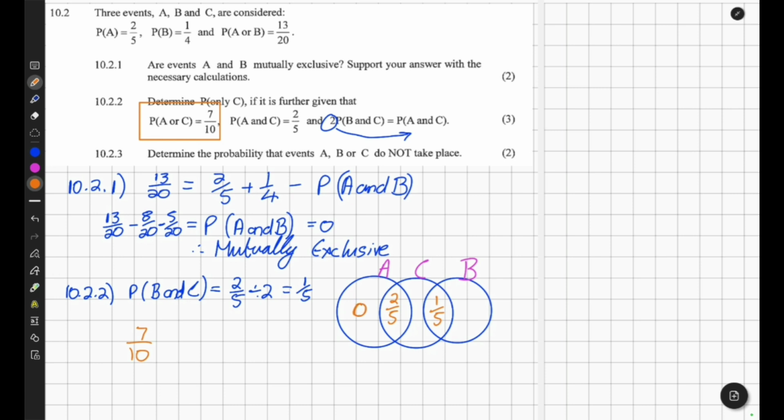So now I can say if the A and the C circle is 7 over 10, I can then minus a 0, I can minus a 2 over 5, and I can minus a 1 over 5. And then what would be left is this x value there. And if I do all of that, I can see it is 7 over 10 minus 4 over 10 minus 2 over 10. And that is then just 1 over 10. And that is the answer they're looking for. So my x value is 1 over 10.